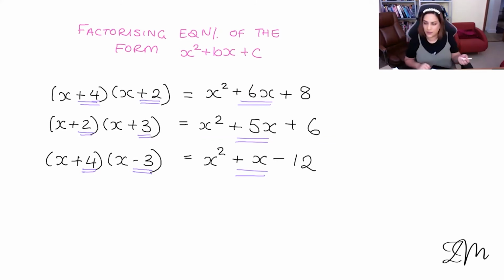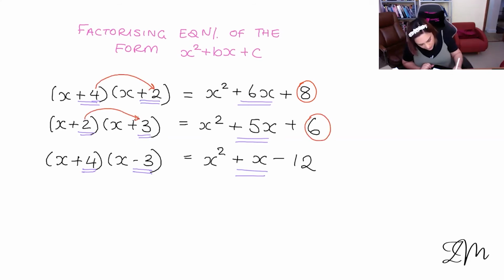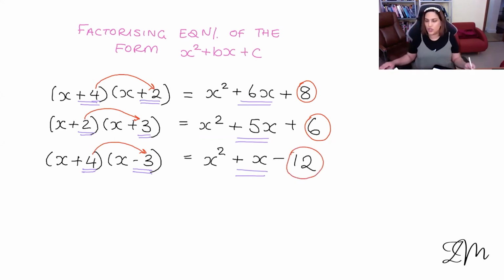Now let's have a look at where the other number comes from. And that's the product. So here the 8 comes from doing 4 multiplied by 2. 6 comes from 2 multiplied by 3. Minus 12 comes from 4 multiplied by minus 3. So we're going to look at the sum-product rule for doing these.